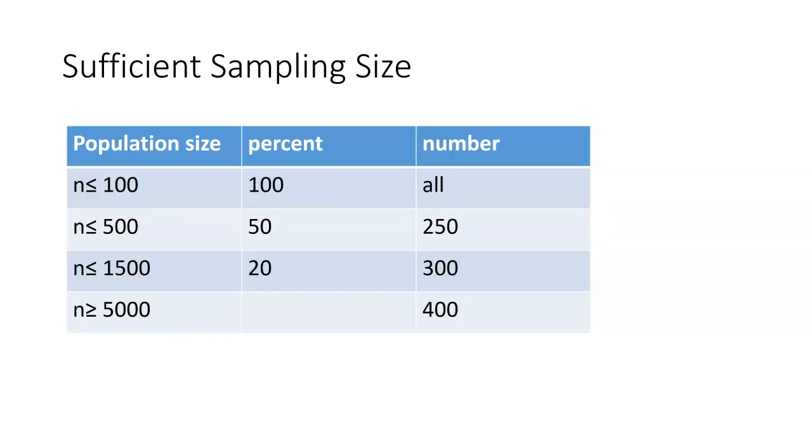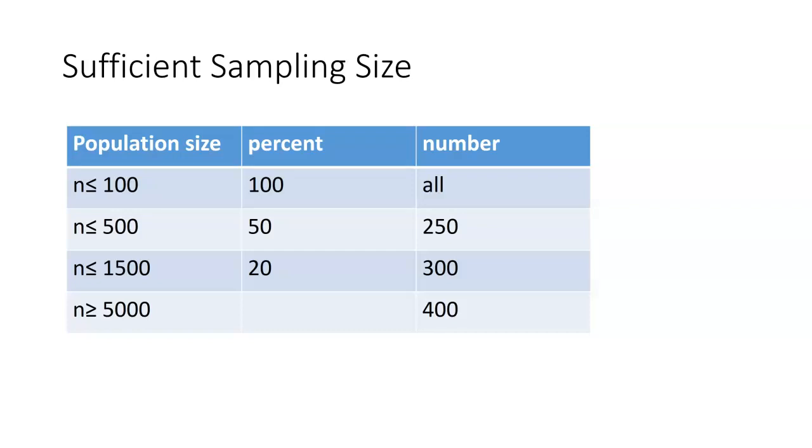When you look at sufficient sampling size, there are some guidelines that sometimes are out there, and this says if your population size is less than 100, you need to sample everybody. If your population is less than or equal to 500, you want to sample about half of the population, which means you're looking at about 250. If your population's above 1,500, you can get away with 20% of the sample, which means you can go out there and sample about 300 people.